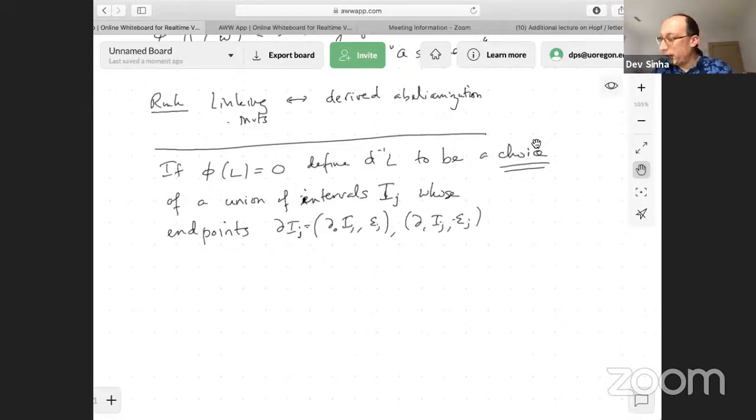These endpoints exhaust L. In other words, they are the set L. So this is what we call a co-bounding in group theory.